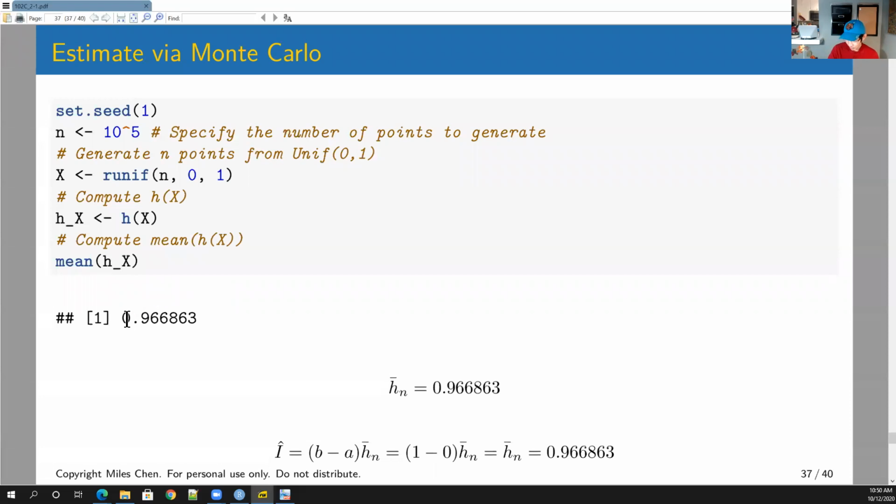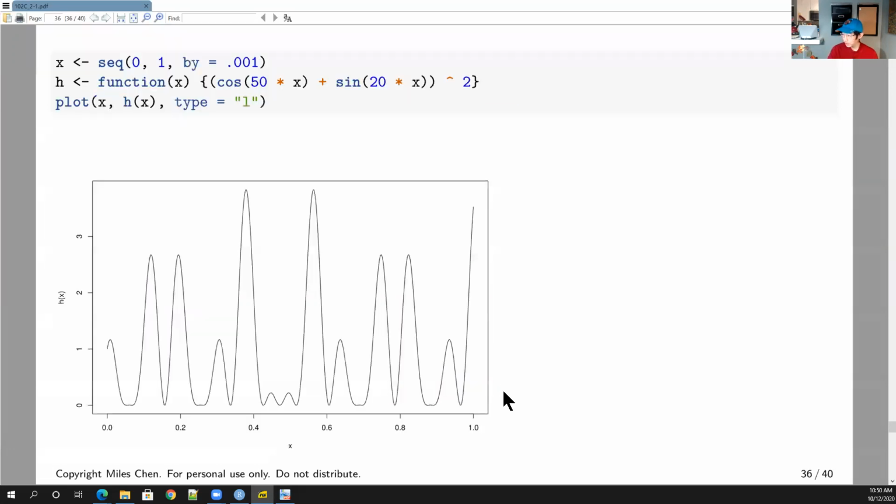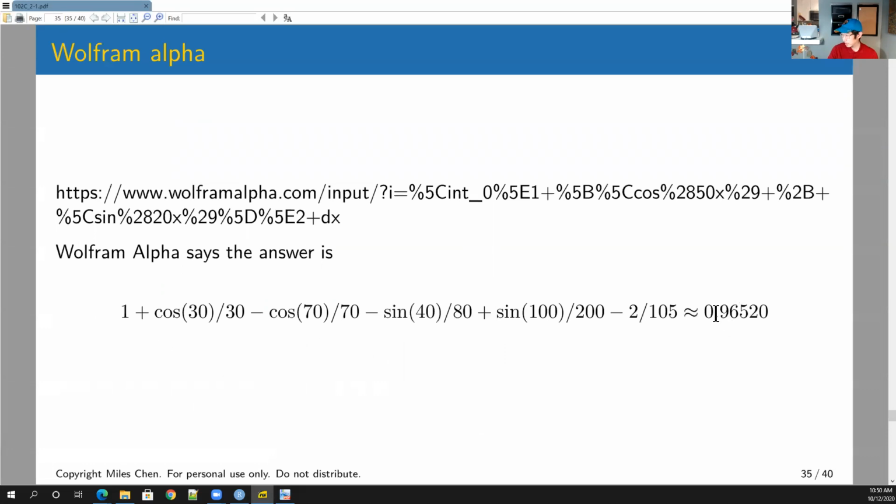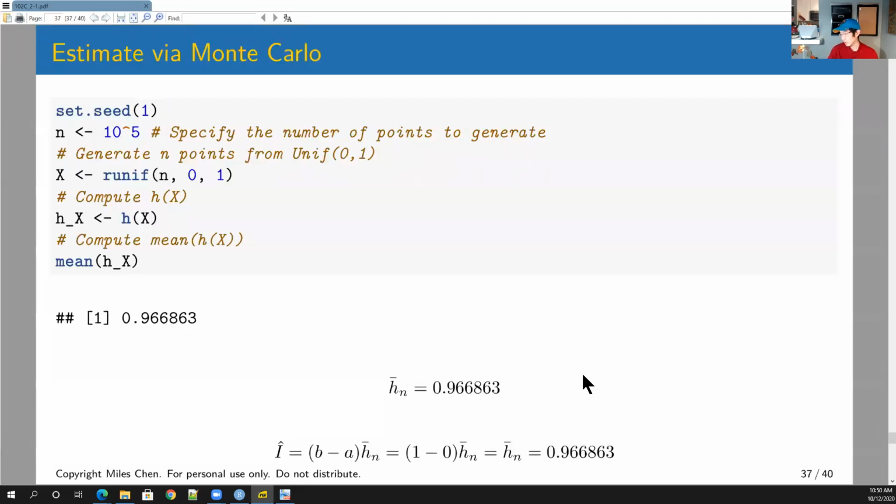And so anyway, we get our Monte Carlo estimate, which is h bar n, and that's 0.9668. So it's close. The true answer is 0.9652, and we're getting 0.9668. So we're off by about 0.2 of a percentage point, something around there.